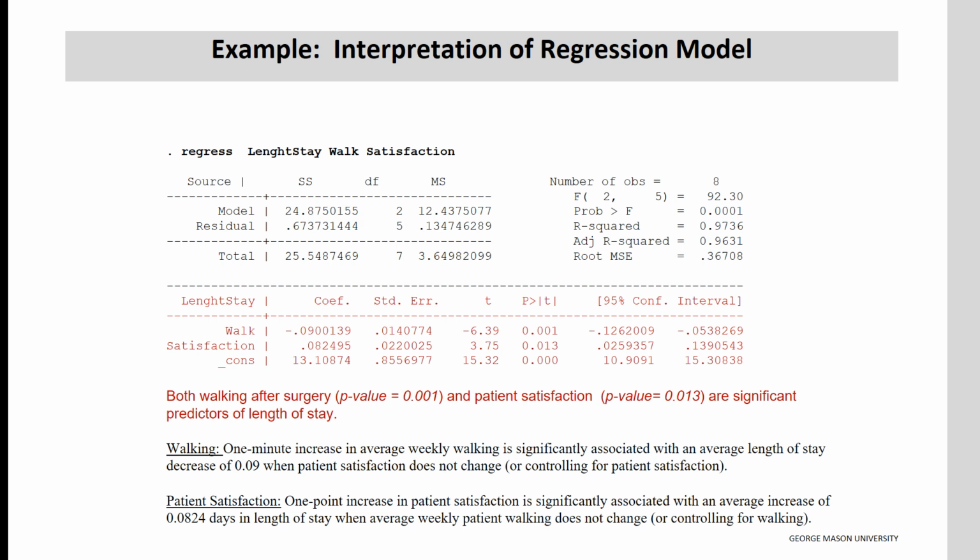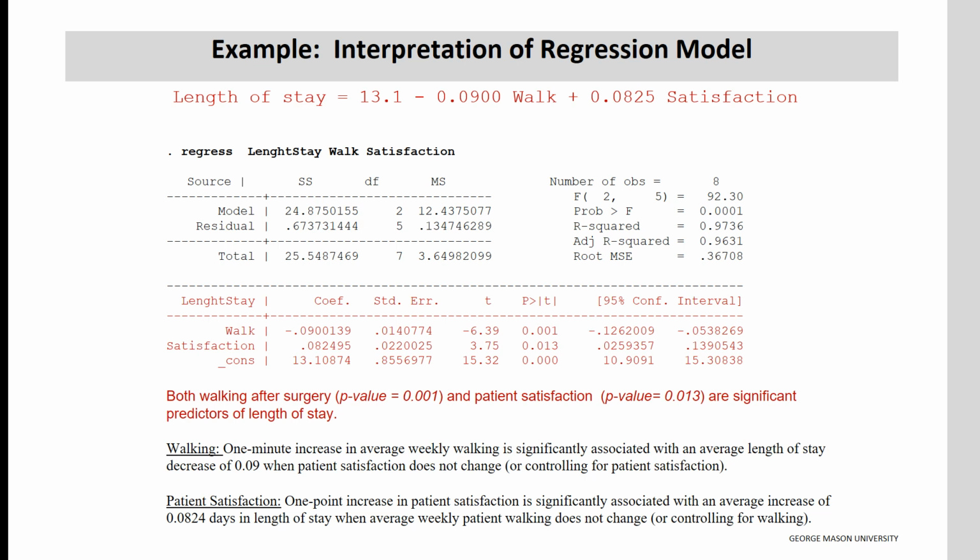So as you can see in this sentence here, we not only interpret the 0.09, basically the coefficient associated with walking, but also we're making a comment about the significance of this regression coefficient. We say is significantly associated.